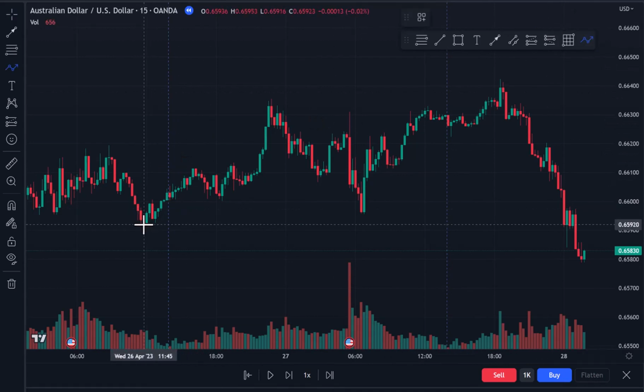Alright, so from the low, we have one pullback candle here, not a valid pullback. We're just going to keep going up, looking for multiple pullback candles. So we have a high here, and it looks like there's a pullback candle here and a valid close here.